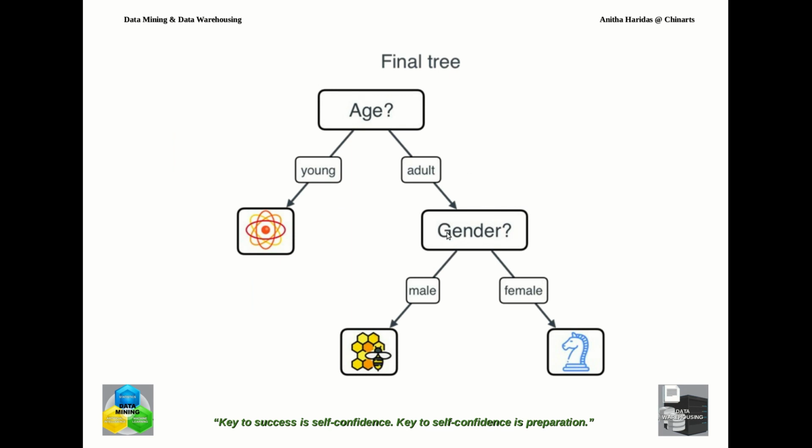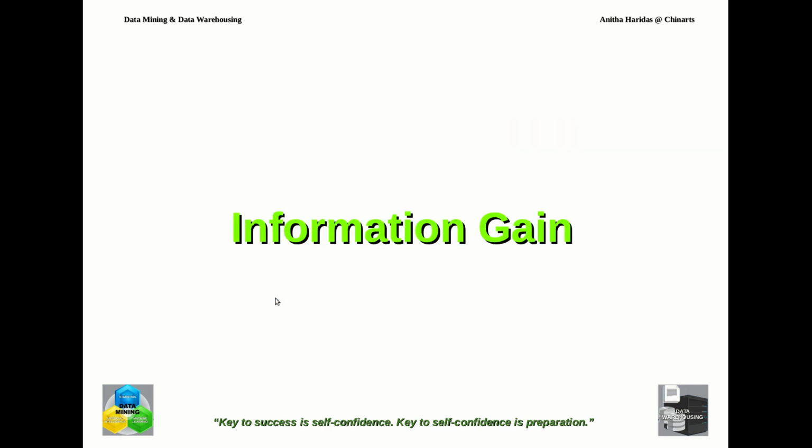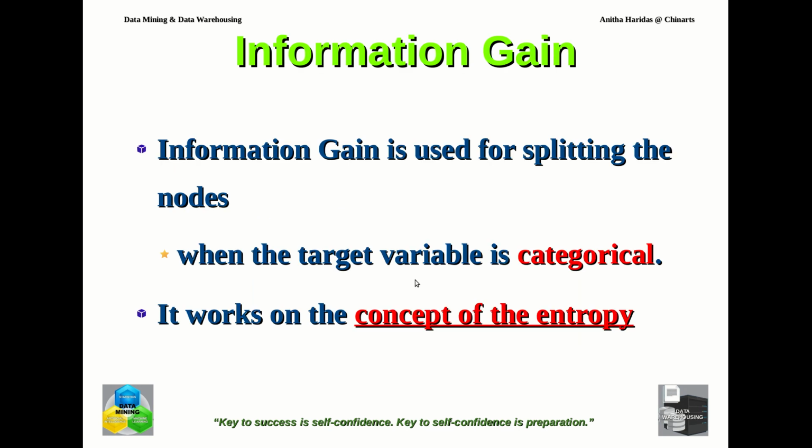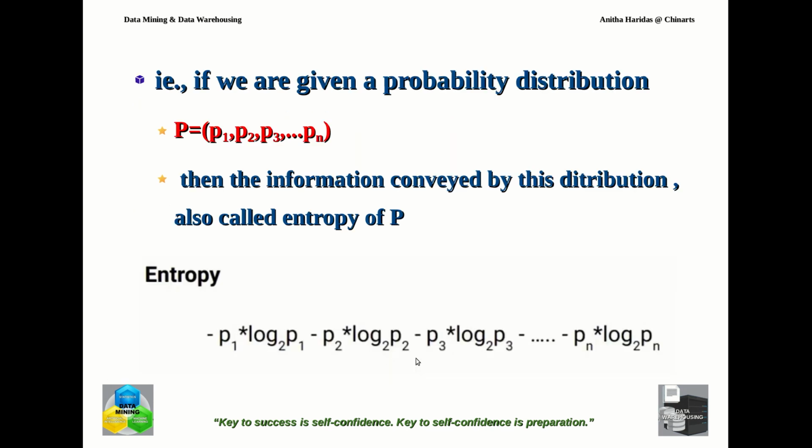To identify the best splitting attribute, we need to use information gain and Gini index value. For that we are now discussing information gain. Since information gain is based on the concept of entropy, we are discussing what entropy is. So this is the formula for calculating the entropy value.